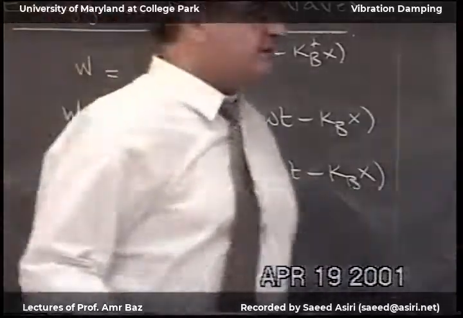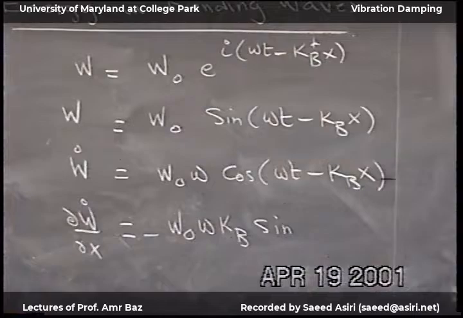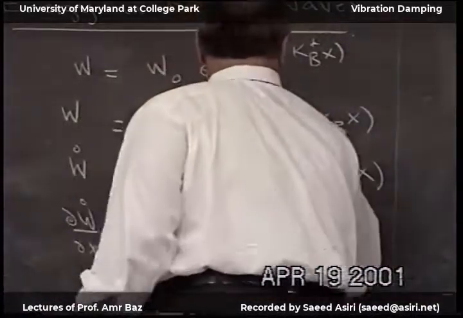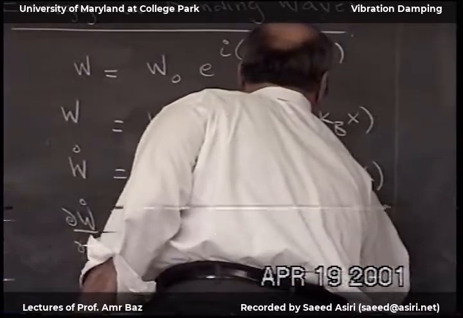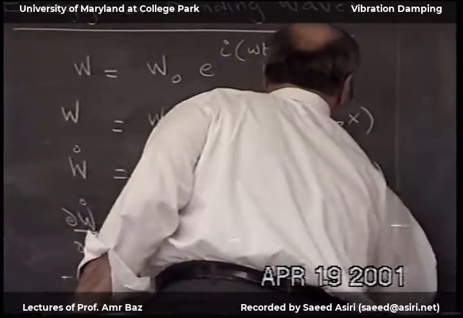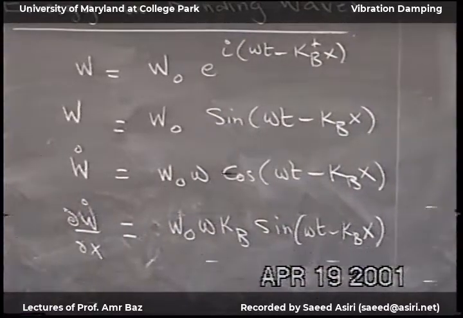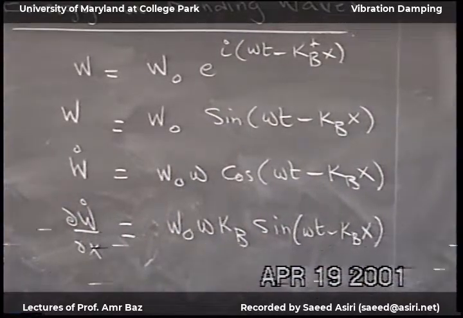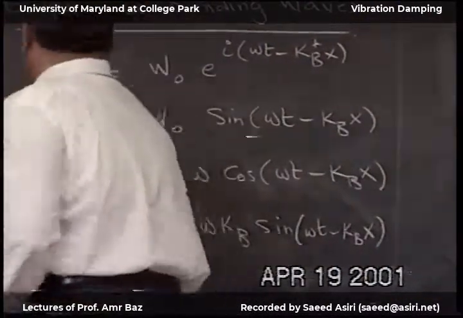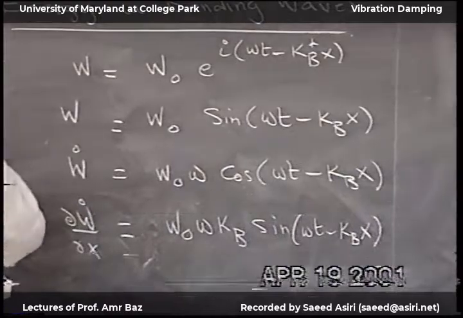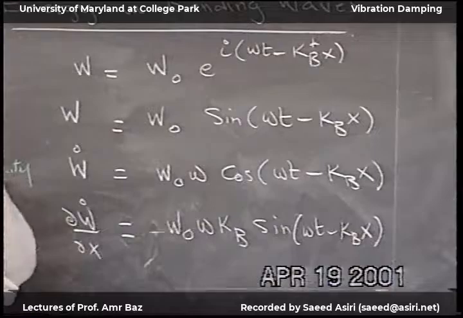So now sine minus minus will be plus. So this is linear velocity, and this is angular velocity.